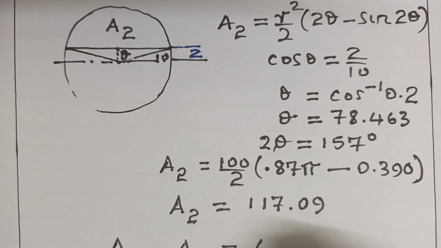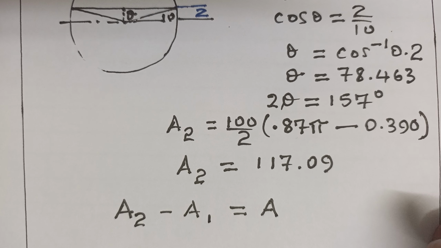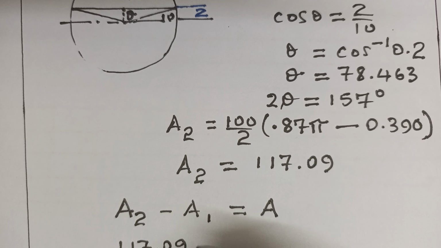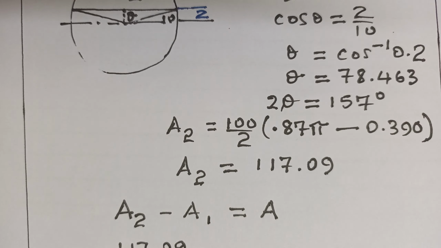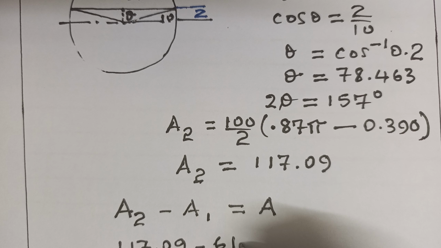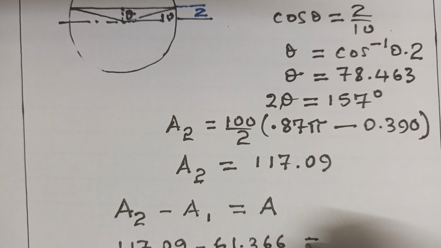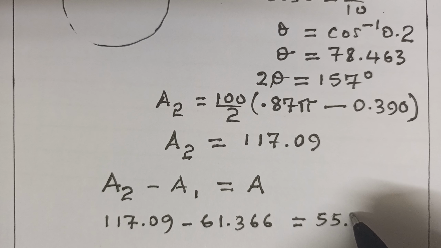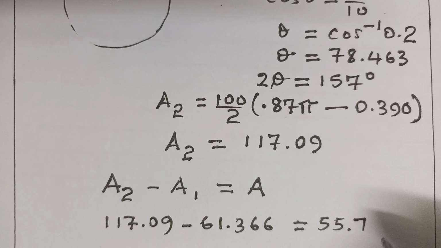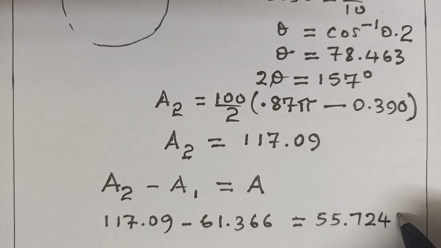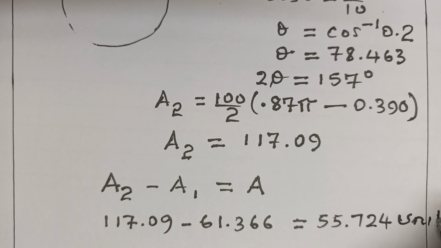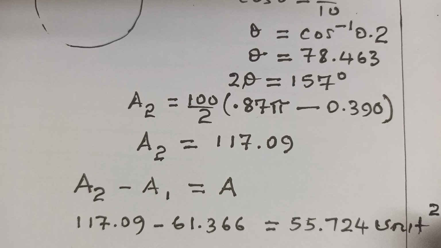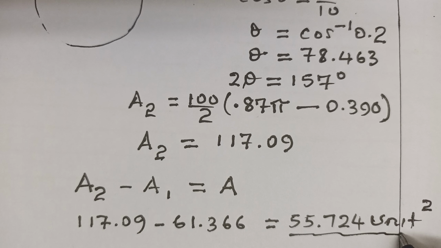So this comes to 117.09 minus 61.366, and this now comes to 55.724 square units. So this is now our area that is required.